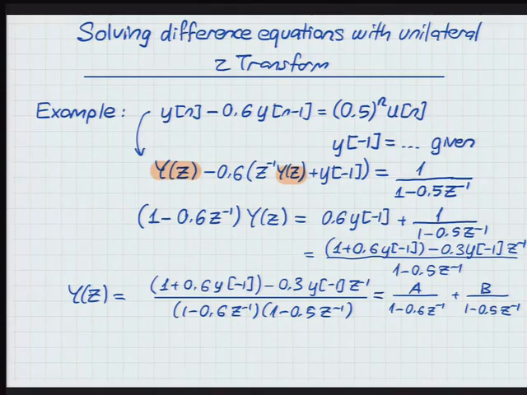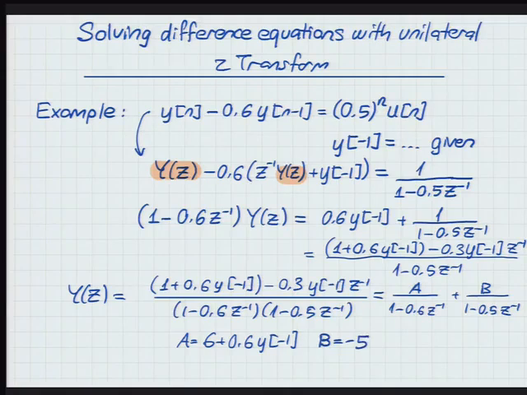So if you match the two sides of the equation and solve for A and B, A happens to be 6 plus 0.6 y of negative 1, which depends on the initial condition. And B, interestingly, does not depend on the initial condition, and it is negative 5.